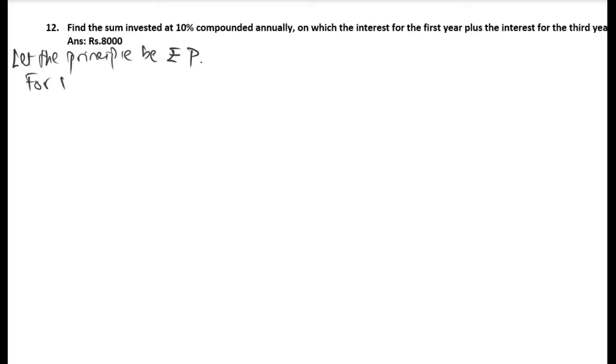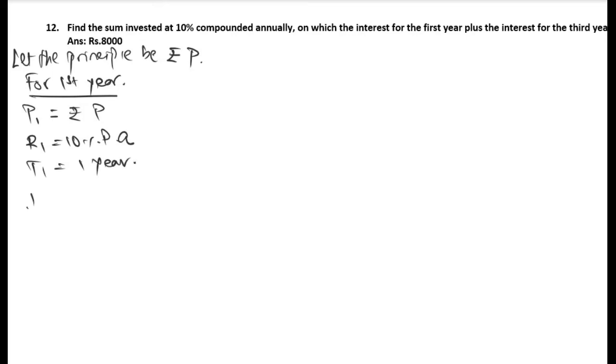For the first year, what will be the principal for the first year? P1 is rupees P, right? The interest for the first year we have to find in terms of P. So R1 will be 10% per annum and T1 will be 1 year, and I1 will be P1 into R1 into T1 upon 100, that is rupees P by 10.